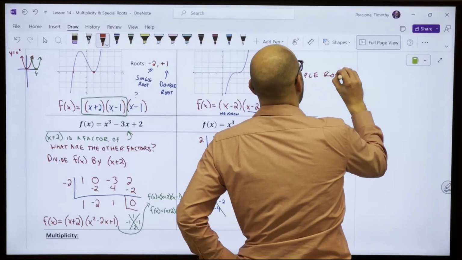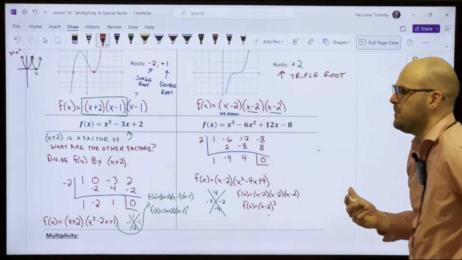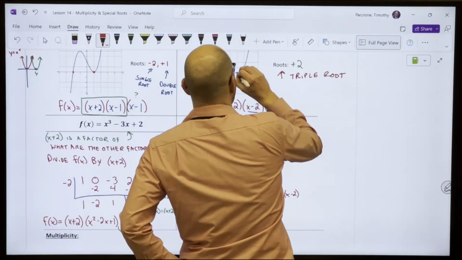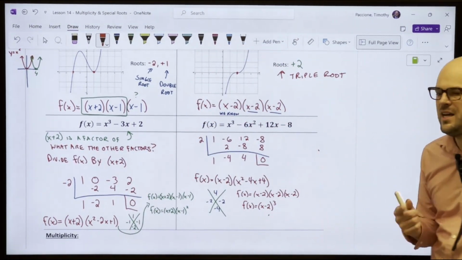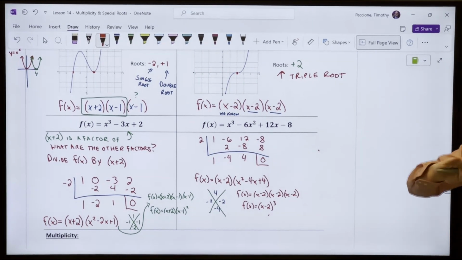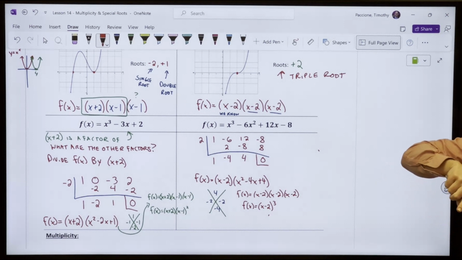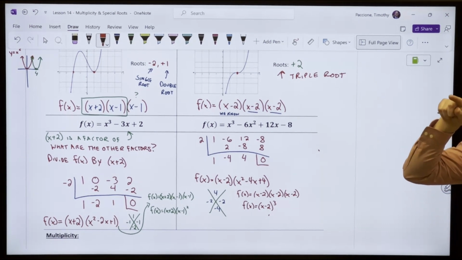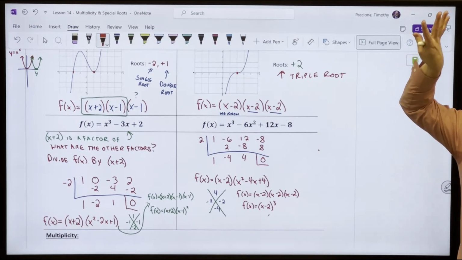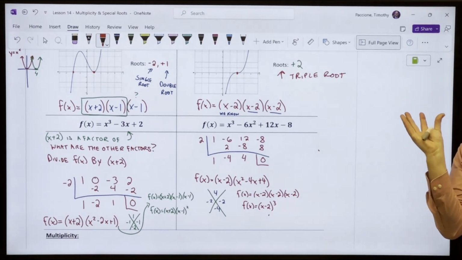Okay, and now we want to look at the graph and see what do we notice is happening at 2. It's not just crossing, right, like a single root. What else is happening there? Yeah, there's a change, right? It's going up, up, up with curve down, and then it starts to go up, up, up, curved up, right?